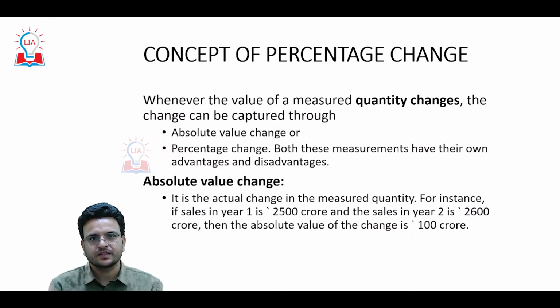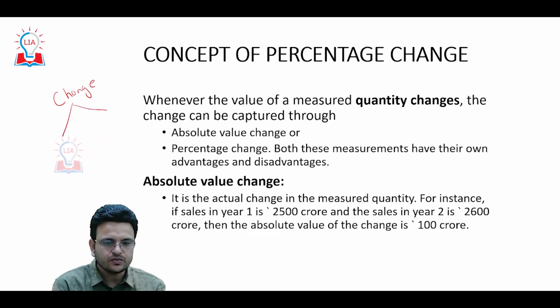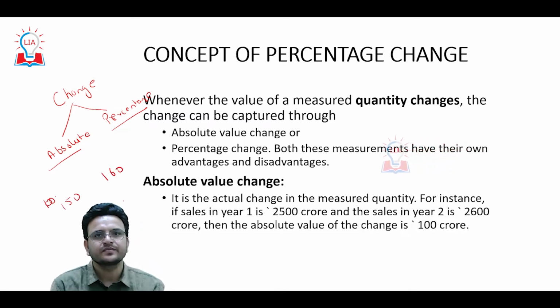Change. When we talk about percentage change or change, it can be absolute or it can be percentage. What does it mean? When we talk about Indian GDP, for example, consider it has grown from 150 to 160.